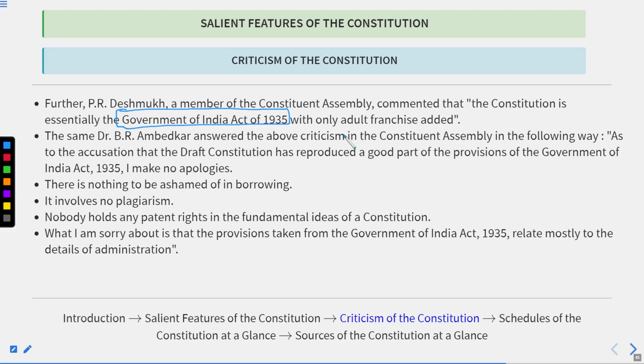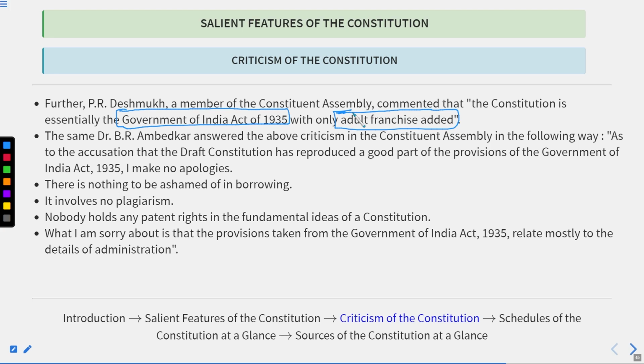We had only added adult franchise from our side. Okay. The same Dr. B. R. Ambedkar answered the above criticism in the Constituent Assembly in the following way. As to the accusation that the draft constitution has reproduced a good part of the provisions of the Government of India Act, I make no apologies.